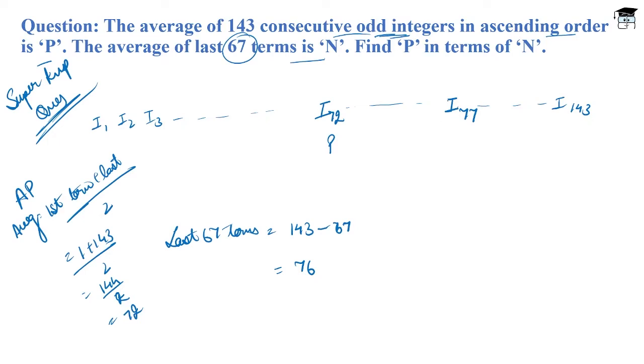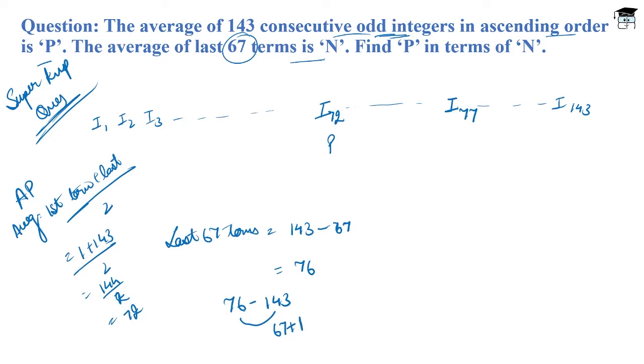Please understand this concept. If I take the numbers from 76 to 143, how many digits are here? It is the difference between 76 and 143, that is 67 plus 1.